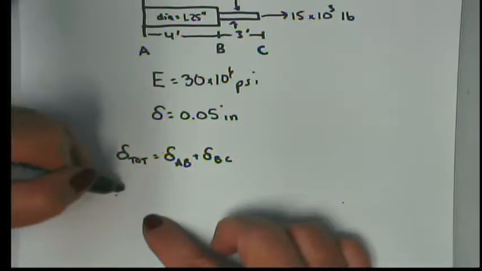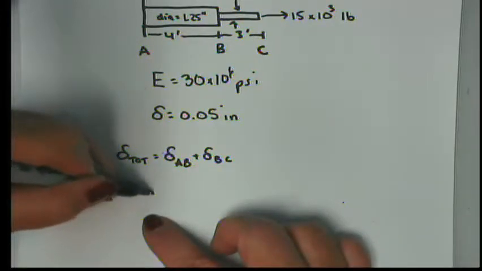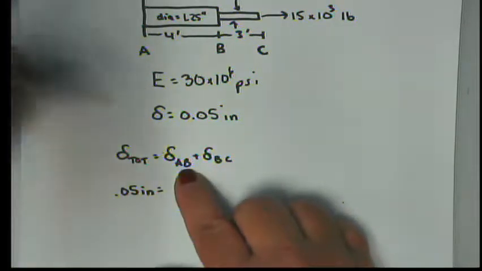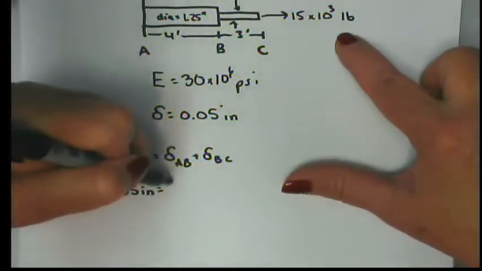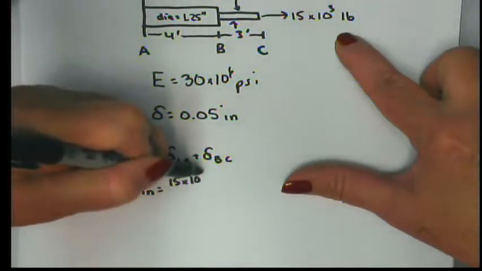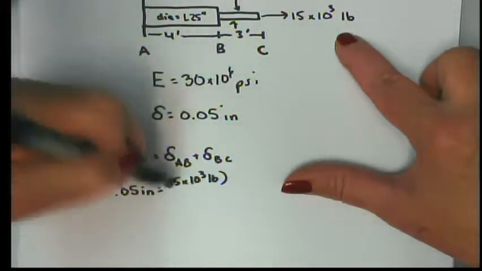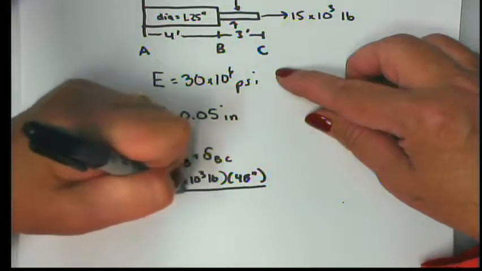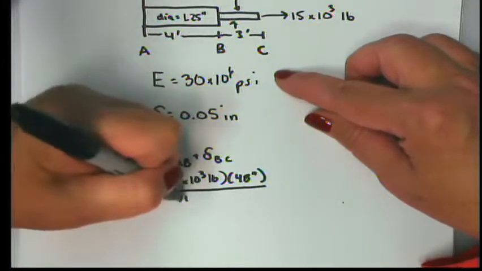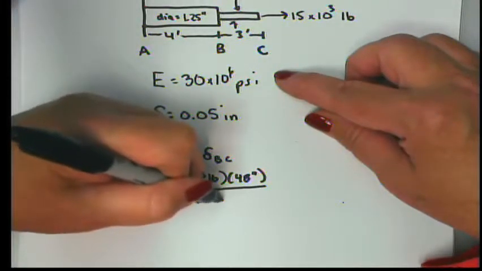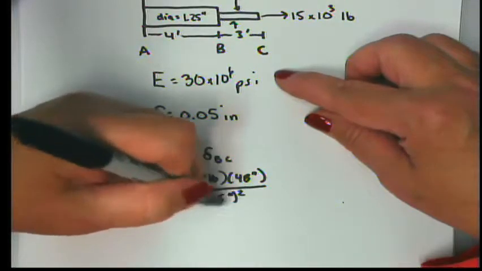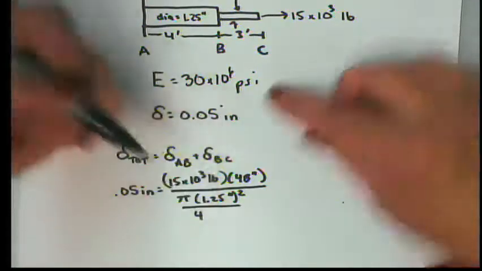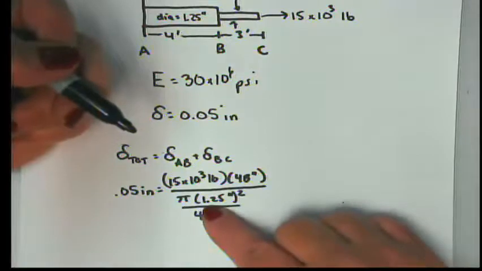And we know that the total elongation is 0.05 inches, and that's going to be equal to delta, which is P, this is for AB, times L, which is 4 feet, 48 inches, over the cross-sectional area, pi d squared over 4, PL over AE.